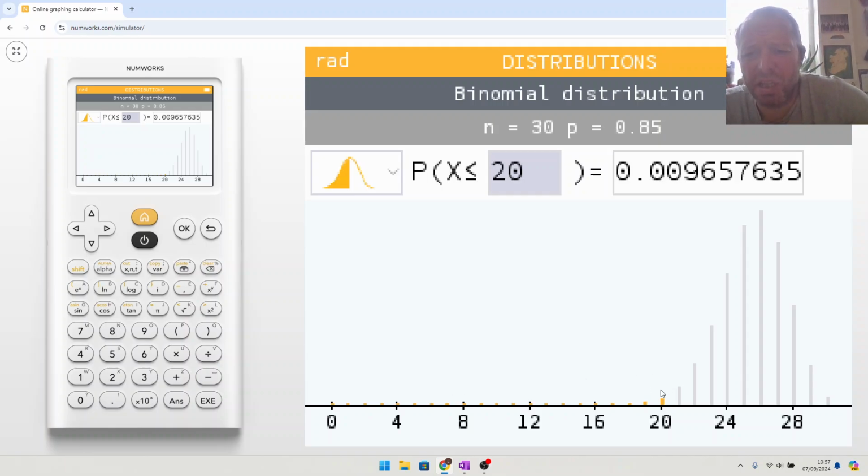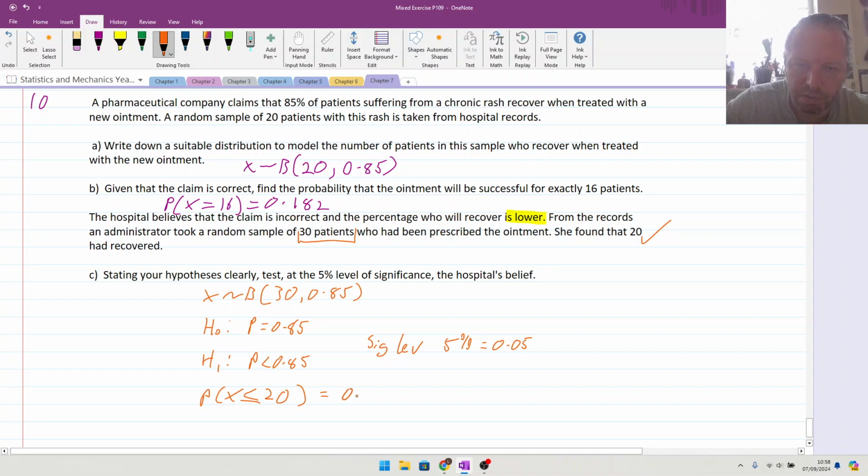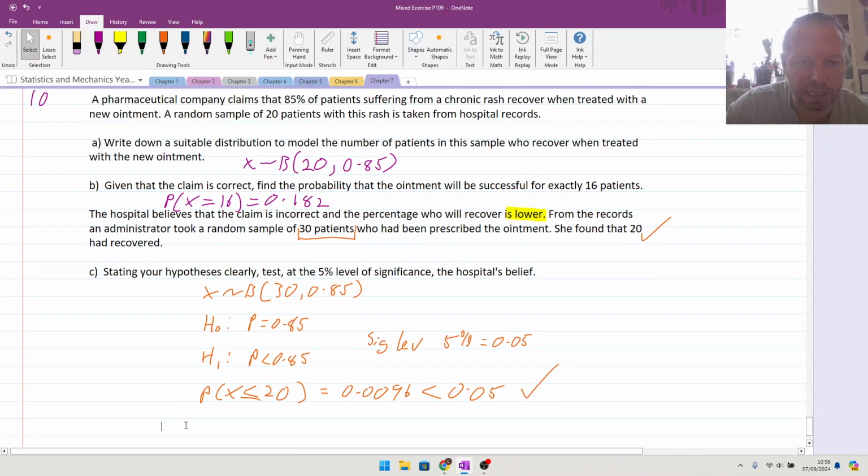You can see there, 0.0096, I think it was. Is that less than the significance level? Yes, it is, which means it was a positive result.